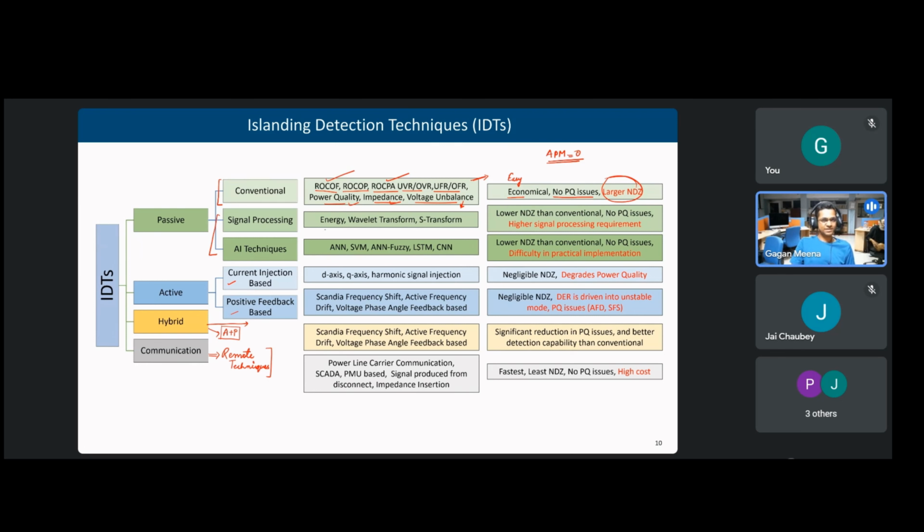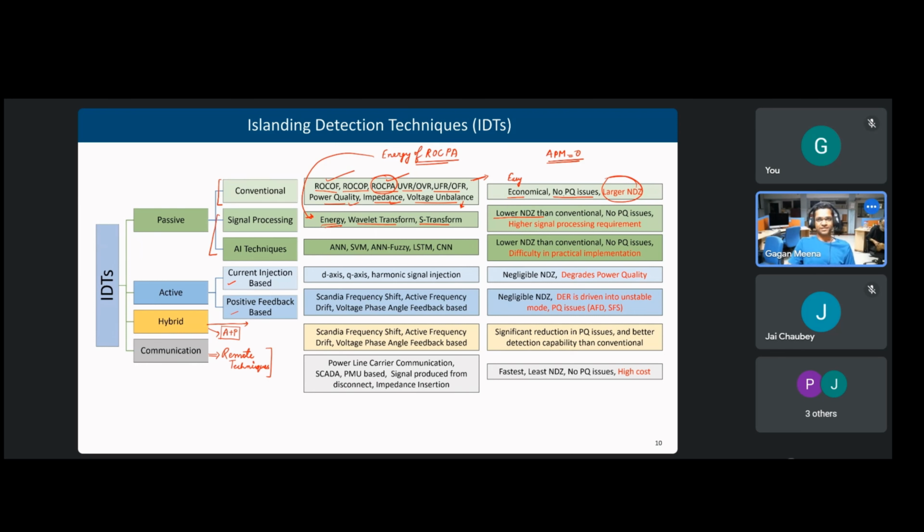And in AI techniques, which are the latest addition, these are all data driven. So for them we need a lot of data. Here also the difficulty is, they have advantage over the first two, but the problem is difficulty in practical implementation. Then in active we have the current injection based techniques.